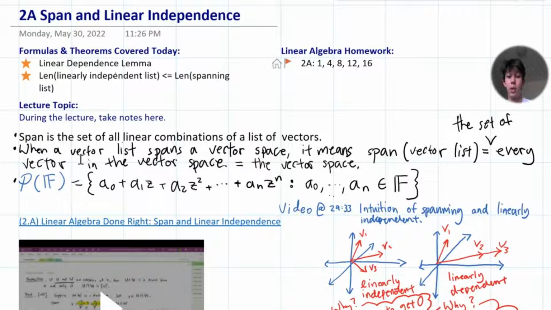And then you have a linear combination of those vectors, which is your constants, and your constants are from the field F, so real and complex numbers. And the notation to denote that is P of F, so what field it's over.